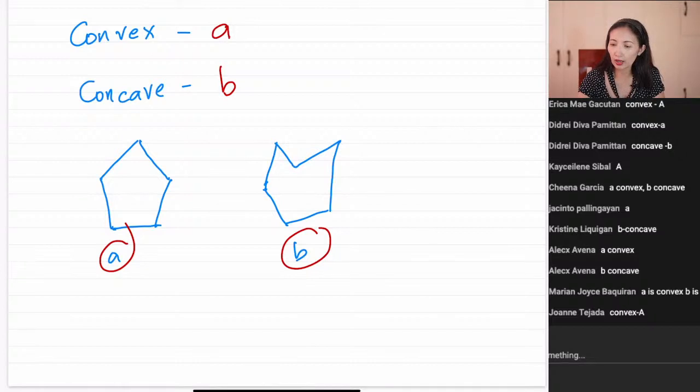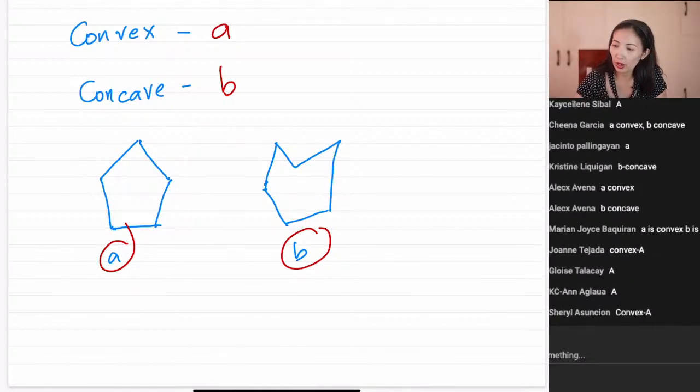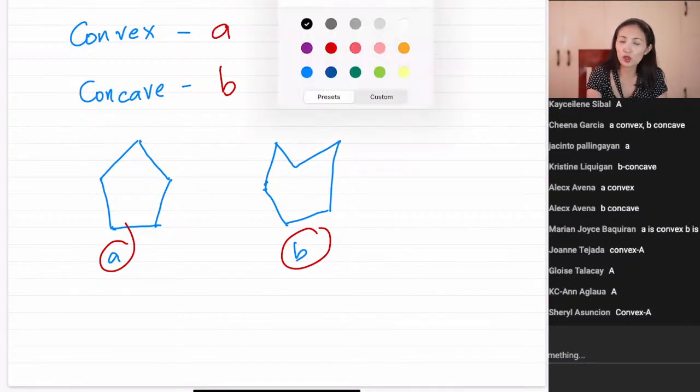Okay? Let's look into the diagonals, so from there we could differentiate between convex and concave. What is a diagonal, by the way? A diagonal of a polygon is a segment joining two non-adjacent vertices of a polygon, isn't it?